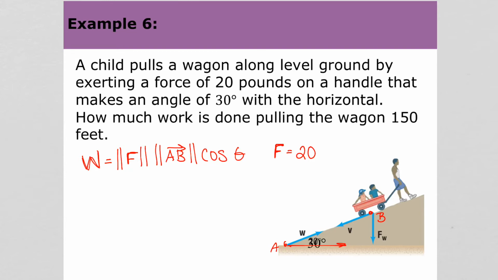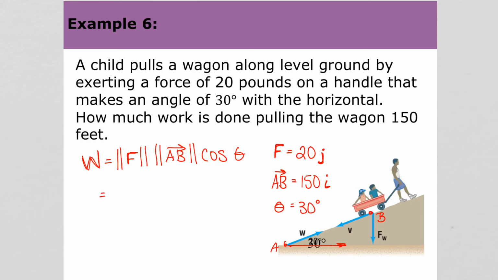We call that 20j because it's going down. AB is the 150 i, and of course the angle is 30 degrees.